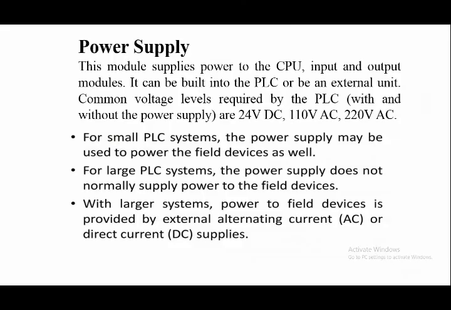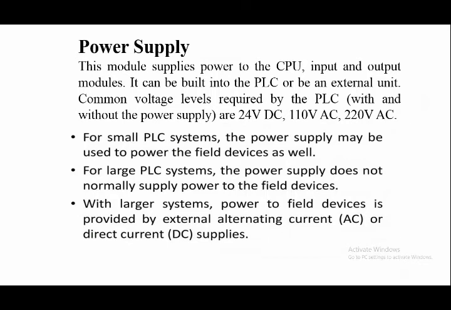Power supply. This module supplies power to the CPU. Input and output modules can be built into the PLC or be in an external unit. Common voltage levels required by the PLC, with and without the power supply, are 24 volt DC, 110 volt AC, and 220 volt AC.